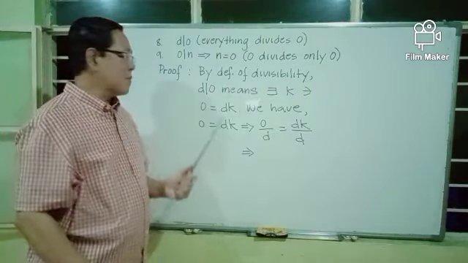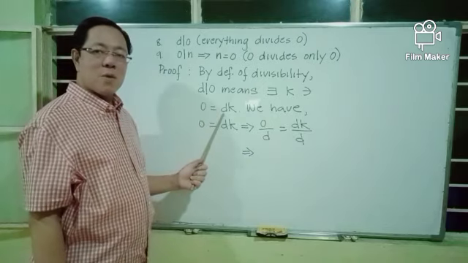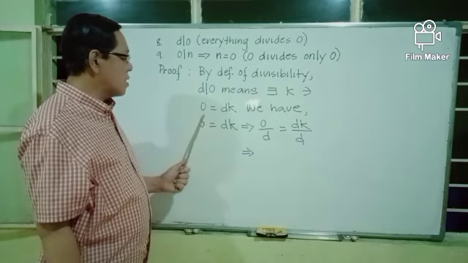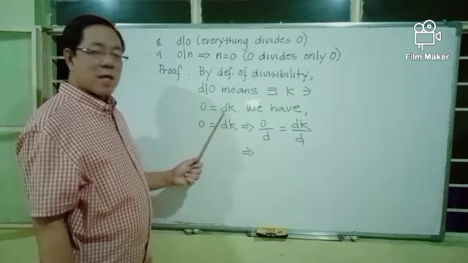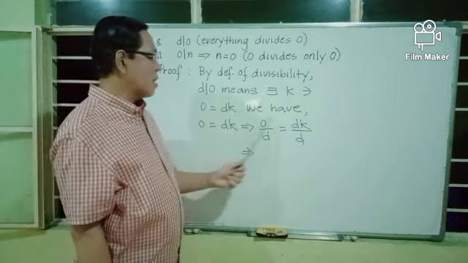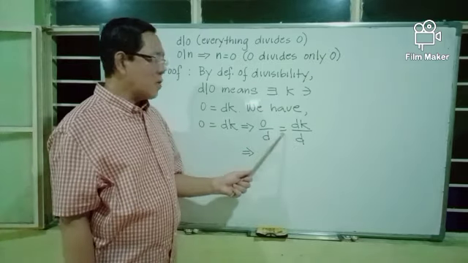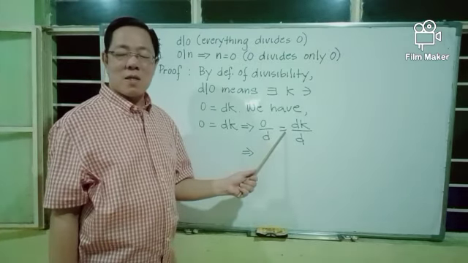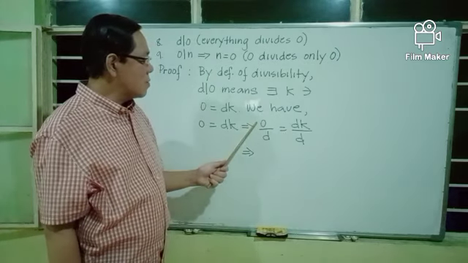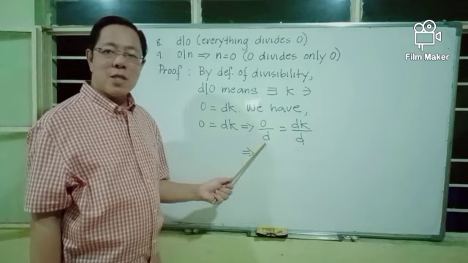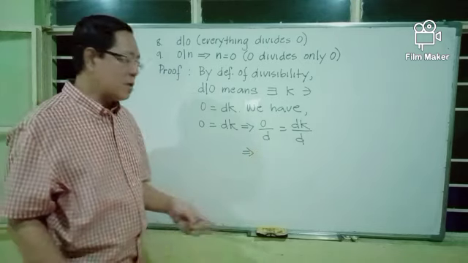We start from this equation, 0 equals dk. We divide the left hand side by d, 0 divided by d. We divide the right hand side, dk, by d, and the equality will still be true because that is the division property of equality. Now, 0 divided by an integer d is equal to 0.